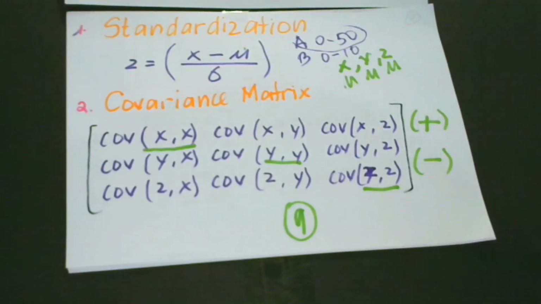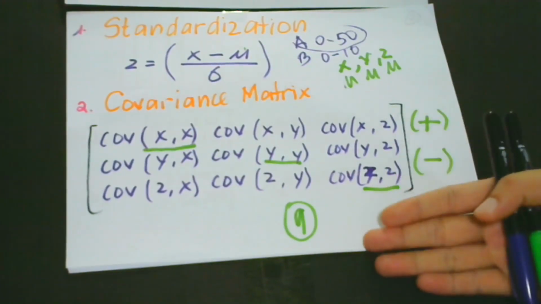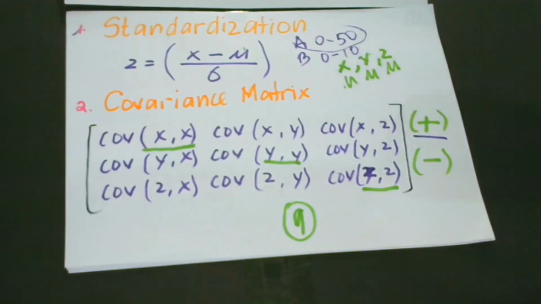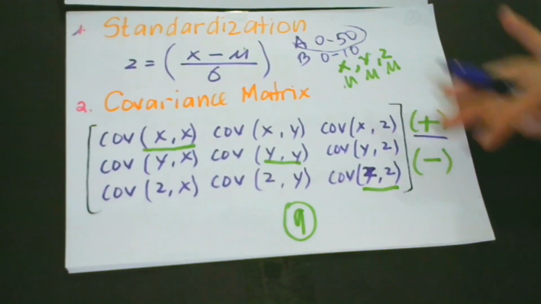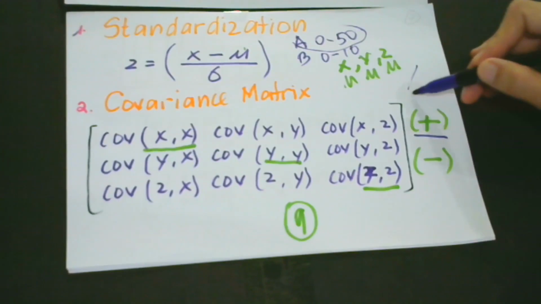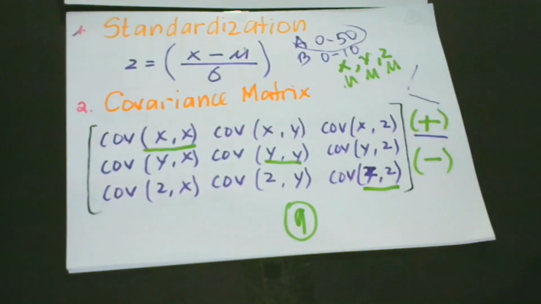Okay, so what is the meaning of the covariance? Maybe you would like to ask me, because this kind of concept is very important to go further. So if the covariance is positive, then the two variables are correlated. So they may increase or they may decrease together.